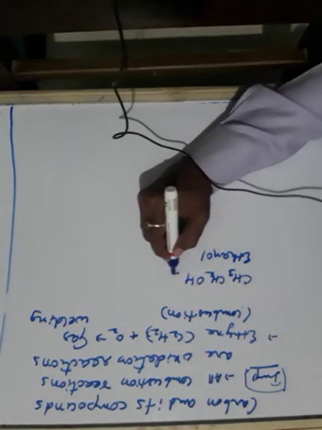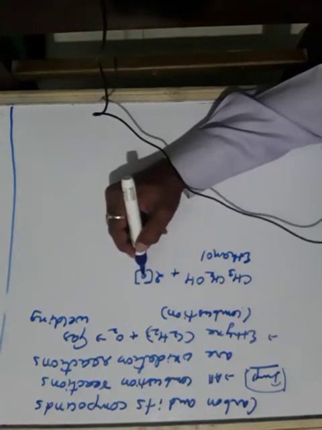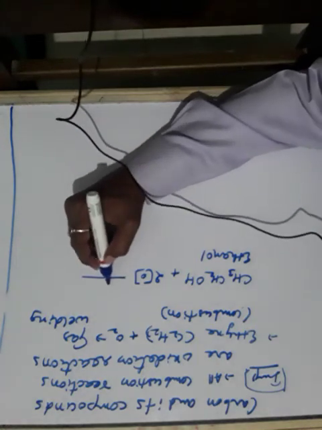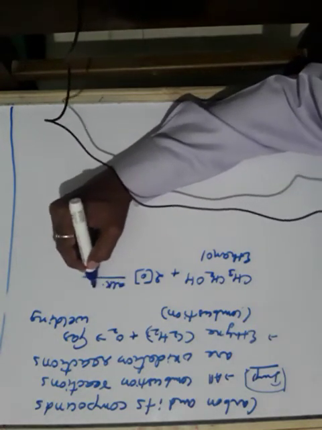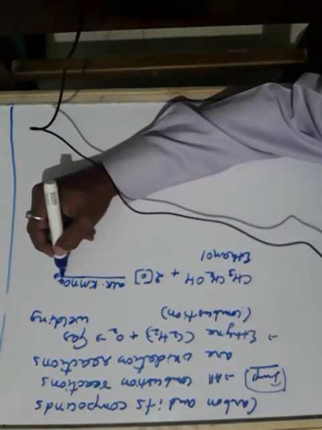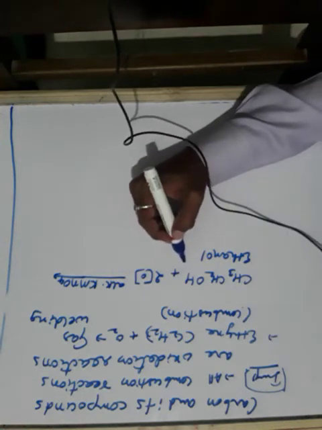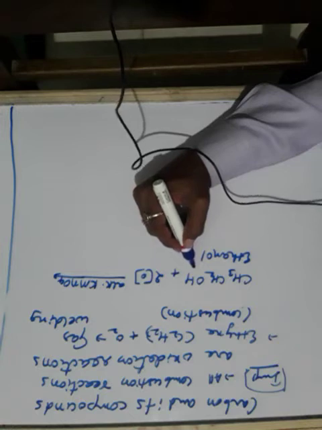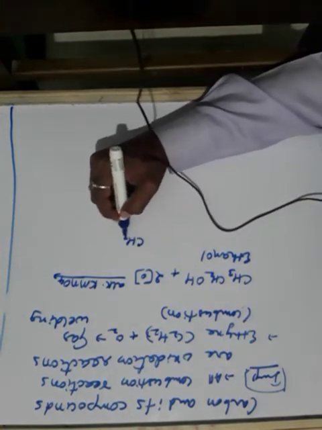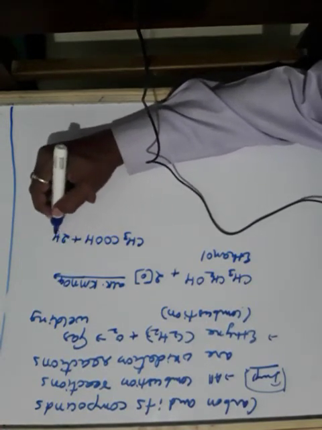When it undergoes combustion, when you supply oxygen and alkaline KMnO4, this we are using as an oxidizing agent. When you make the ethanol react with oxygen, then we get CH3COOH, acetic acid. This is acetic acid, which is useful.